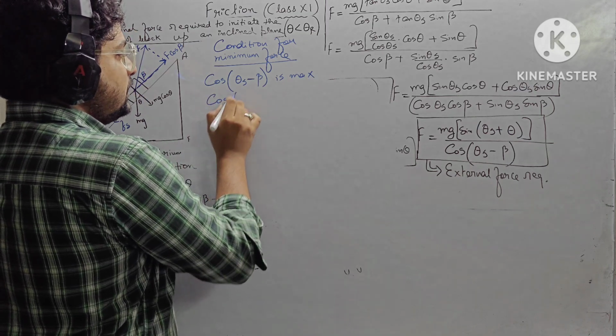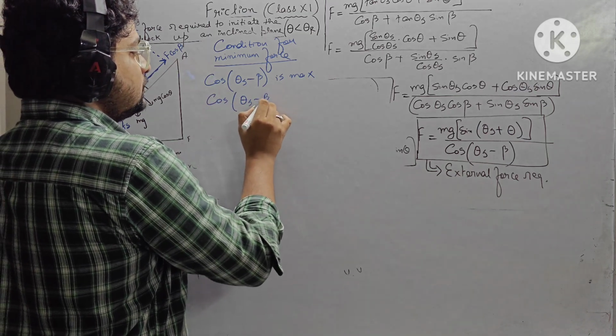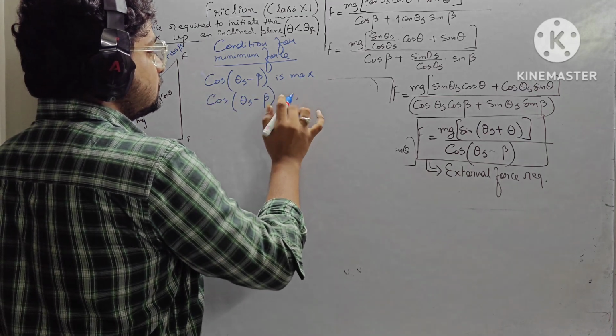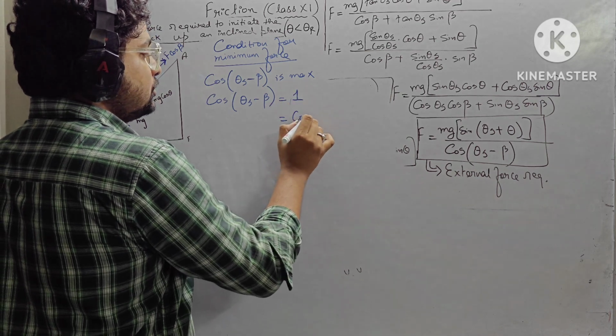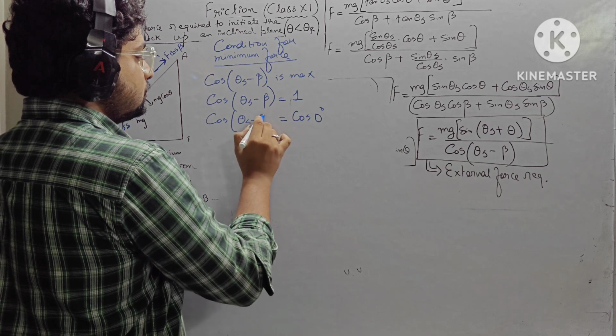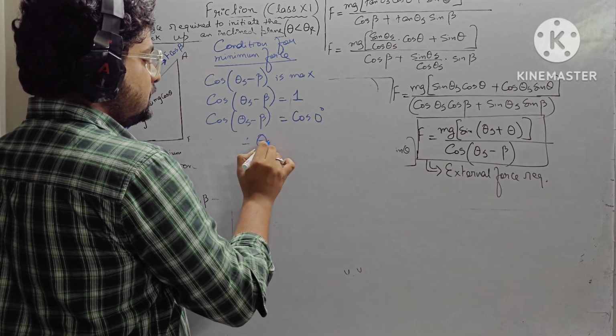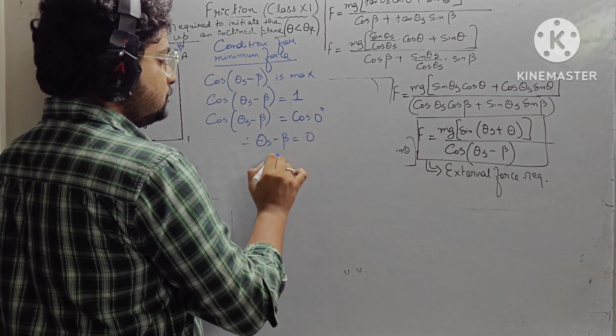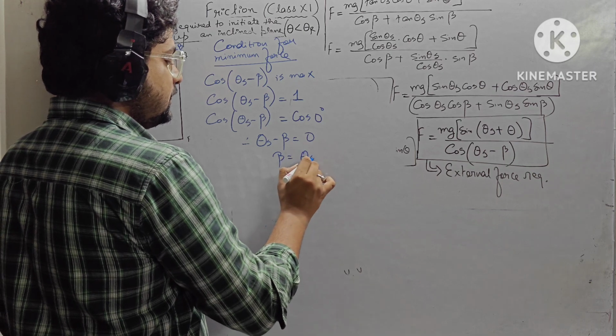And we know the maximum value of cosine is 1, which is equals to cos 0 degree. So therefore theta s minus beta is going to be 0, beta is going to be theta s.